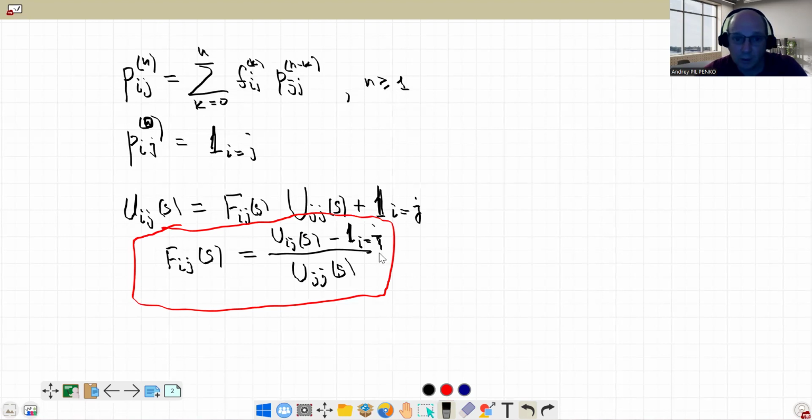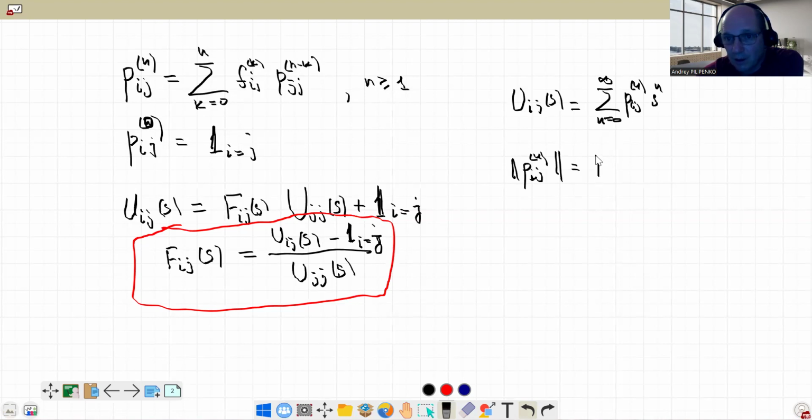And now let me explain that calculation of U is very simple. Indeed, what is Uij(s)? It is equal to the sum of Pij^n times s^n. And the matrix Pij^n is nothing else but the transition matrix in n steps, and we know that this matrix is equal to the matrix P of transition probabilities in one step raised to the power n.